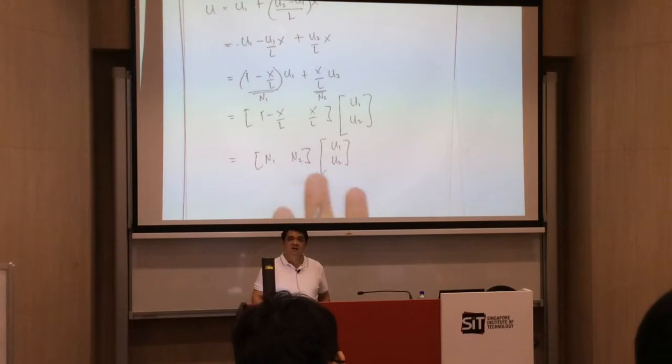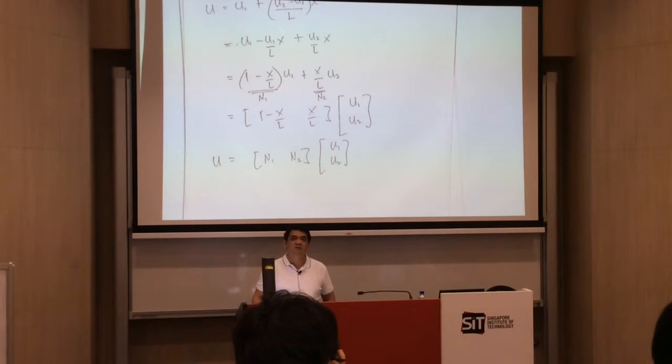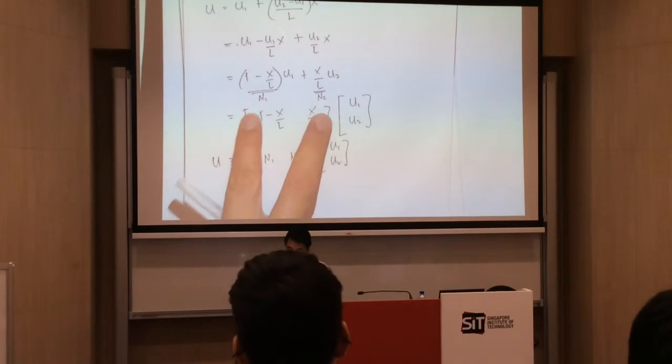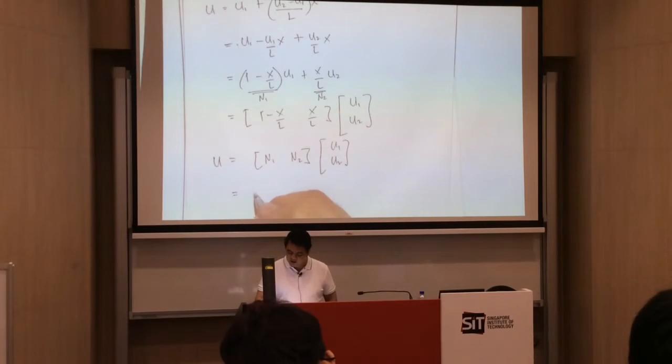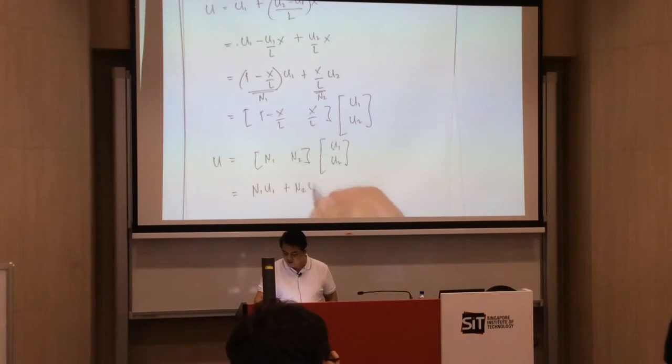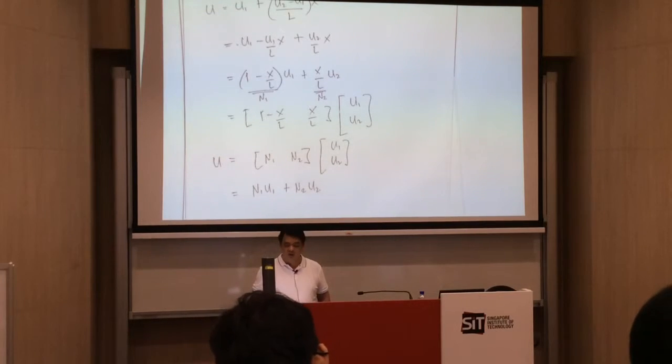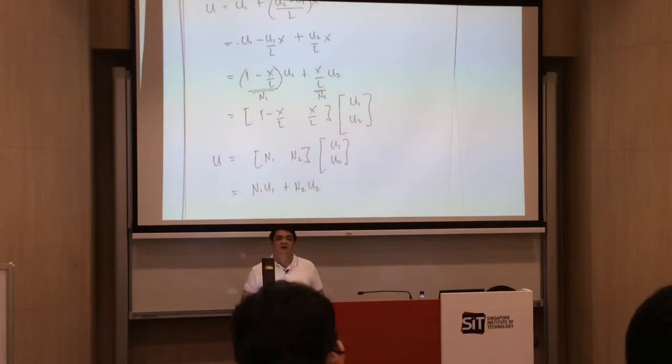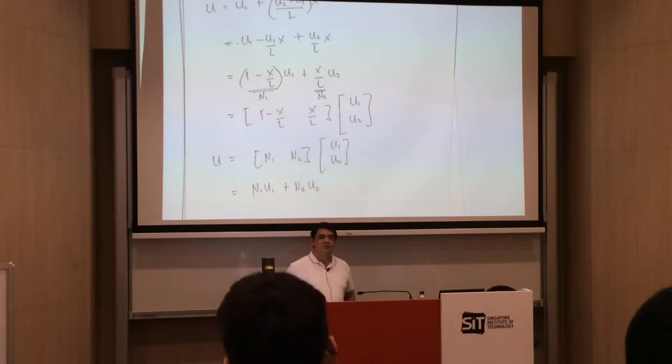So again, you can look at this u in matrix form. But if you want to just use that, you can also use N1 u1 plus N2 u2. So you are now able to get your shape function.